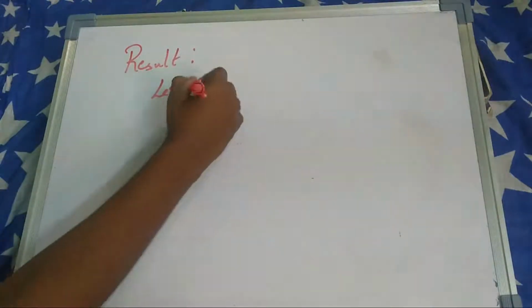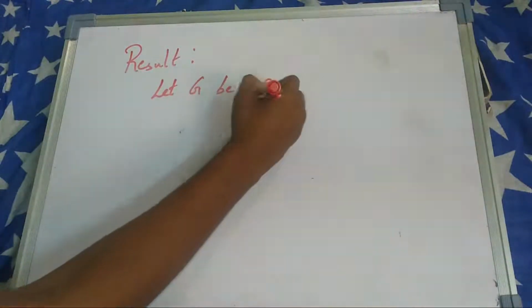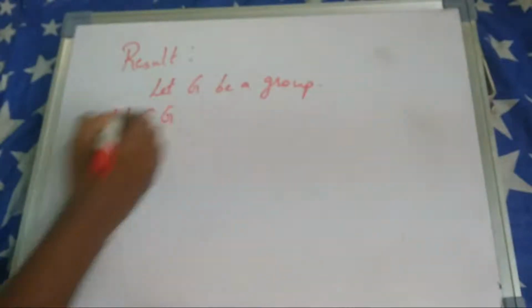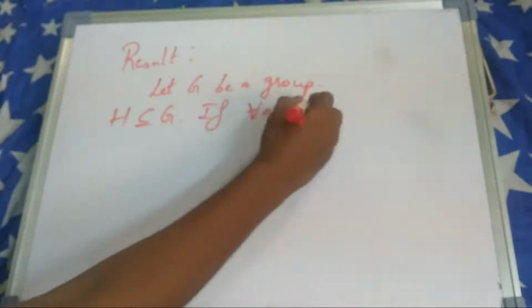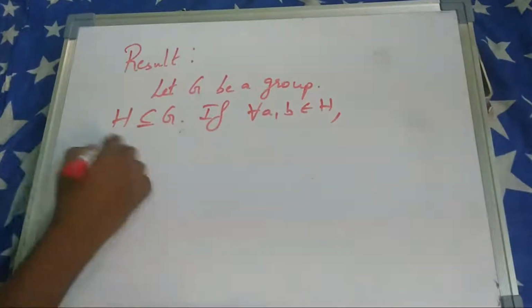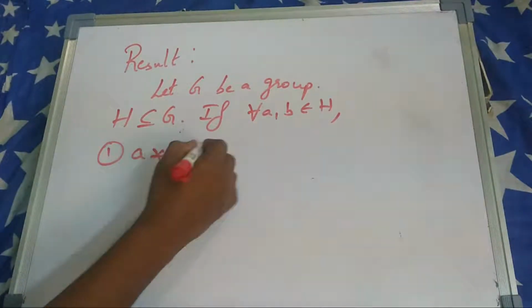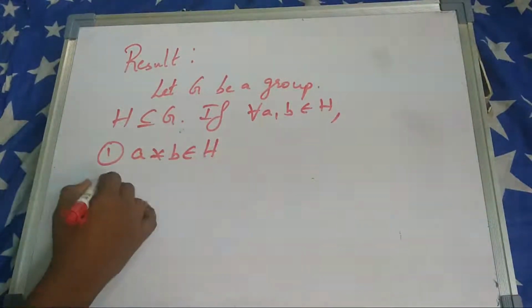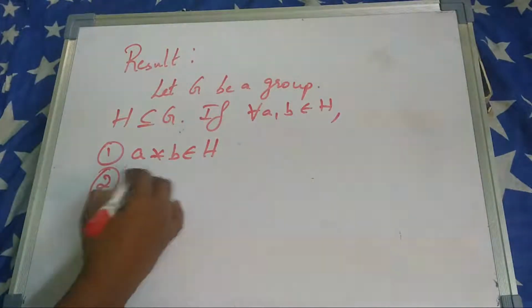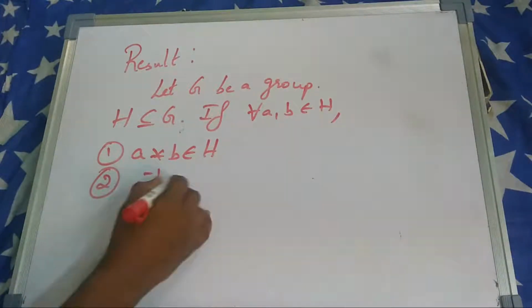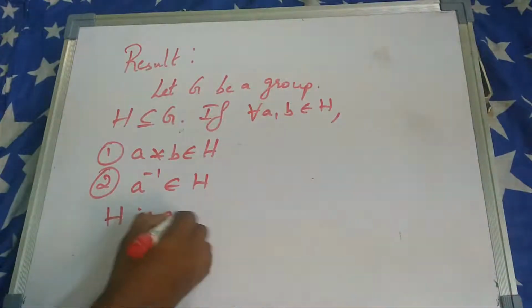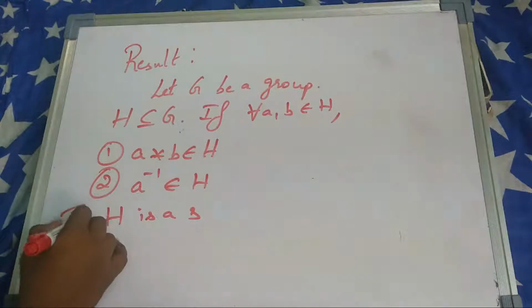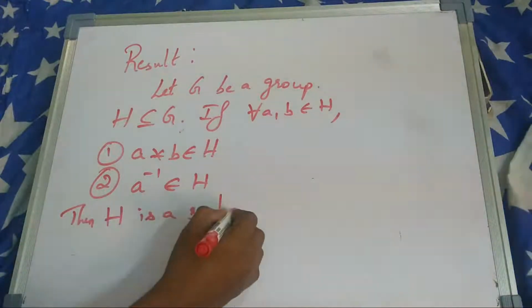Let G be a group, H a subset of G. If for every A comma B in H, number one, A star B belongs to H, and number two, A inverse belongs to H, then H is a subgroup of G.